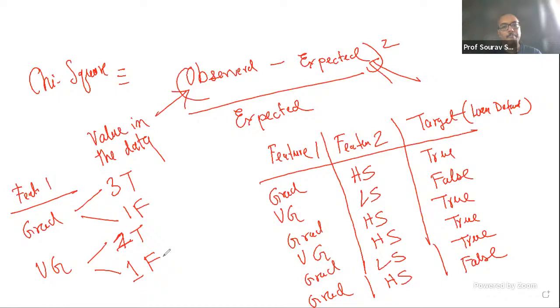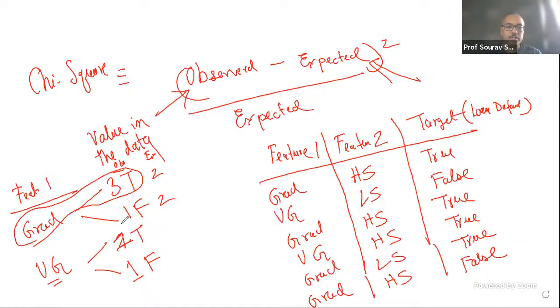Now, if I would like to calculate the chi-square values, in the first case, for the graduate case, there are 2 classes. So these are my observed, but my expected is 2 here and 2 here.